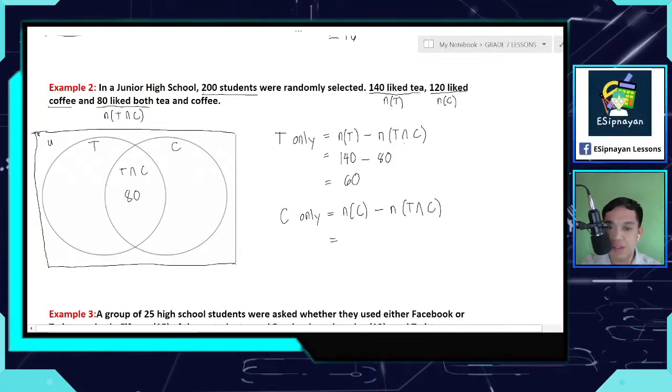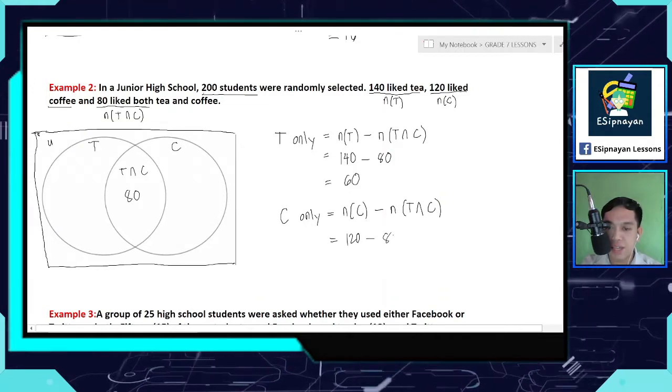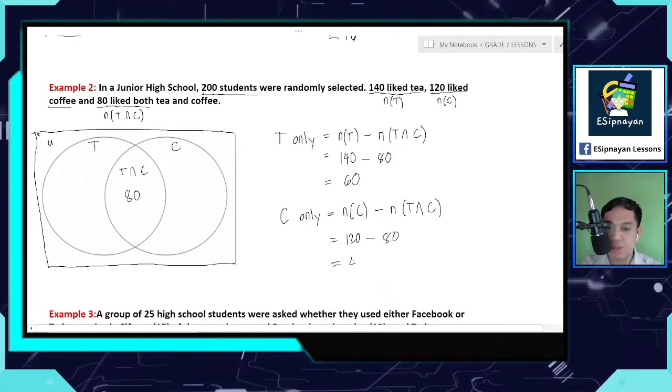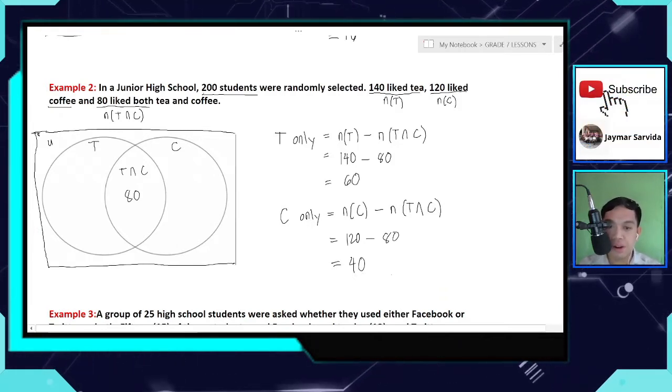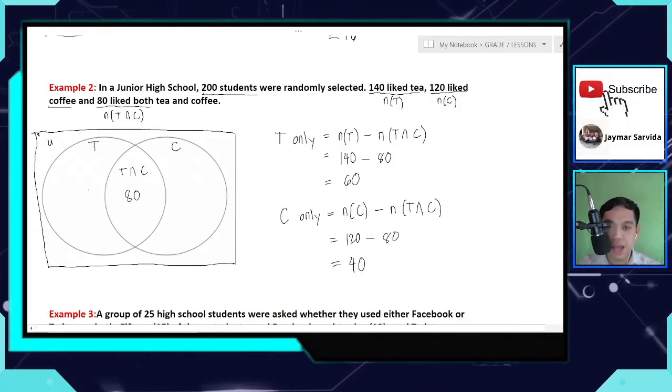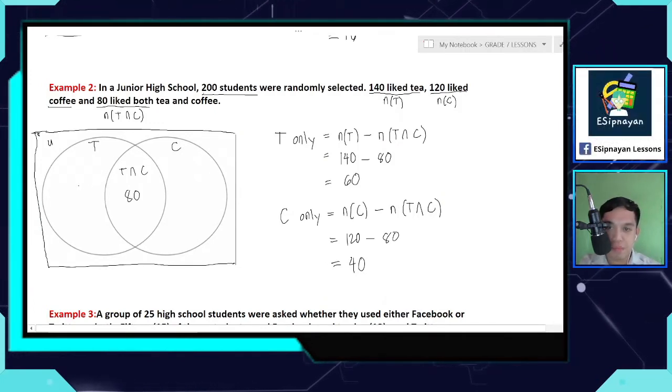Ano yung value ni N of C? 120 minus 80, and that is equal to 40. So therefore, ito ay 60 yung kay T only, and then yung kay C only is 40.